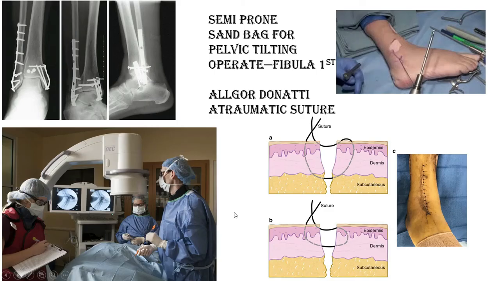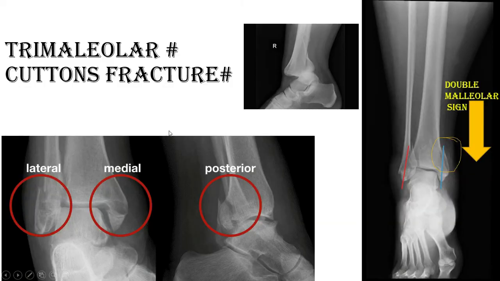Now, for addressing a trimalleolar fracture, you need a good C-arm base, and the recommendation is, if there is any instability of the joint caused by this trimalleolar or posterior malleolus fracture, then you have to fix it. Otherwise, suppose there is a bimalleolar fracture with a very small fracture fragment, how do you put a screw?